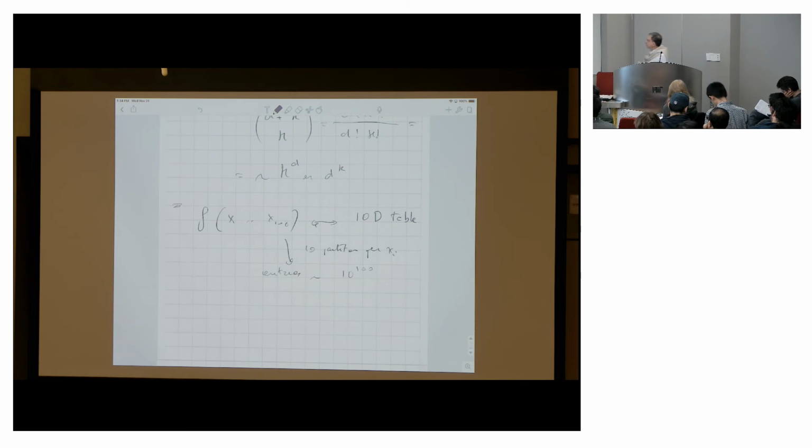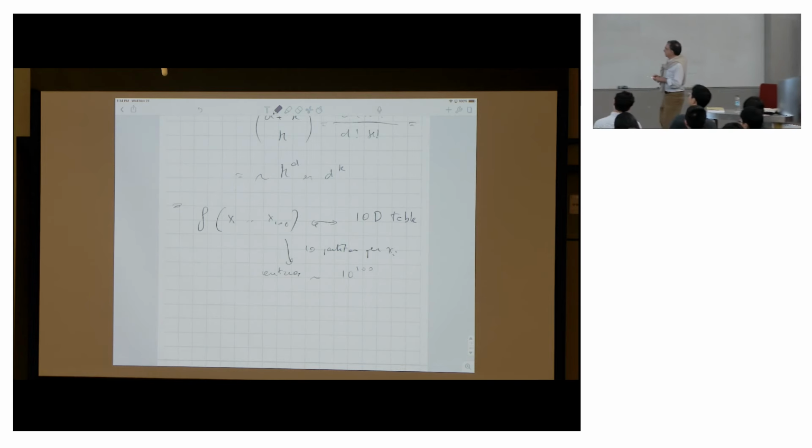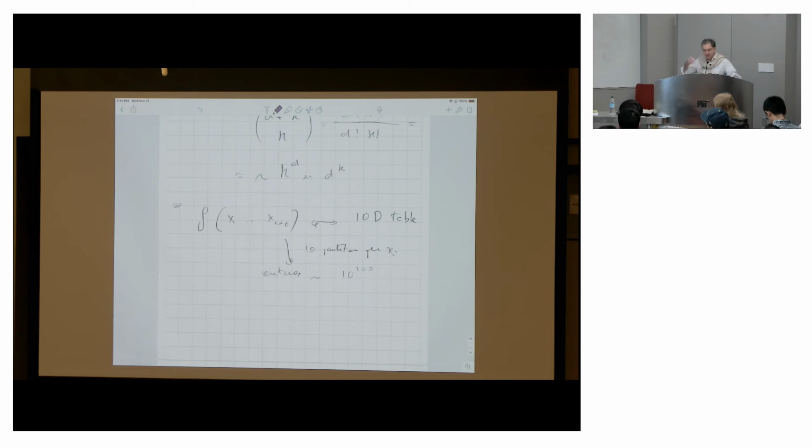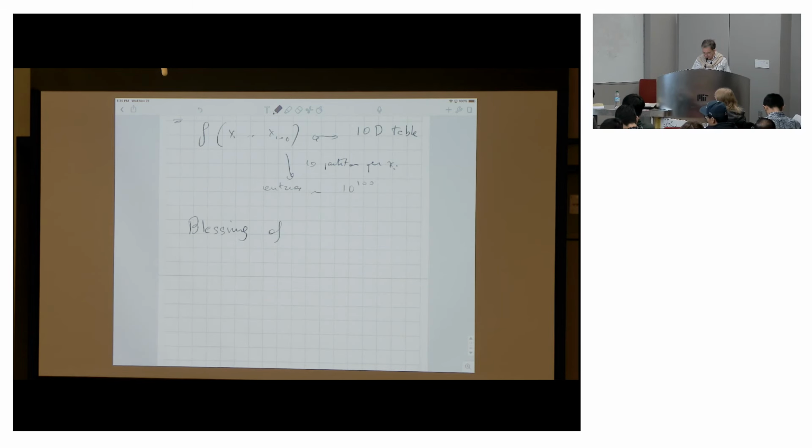Now, there are some blessings. So there is the curse of dimensionality, and there is the blessing of smoothness.